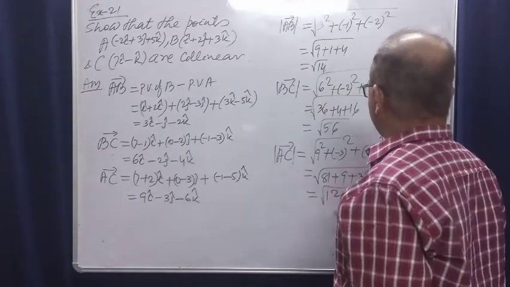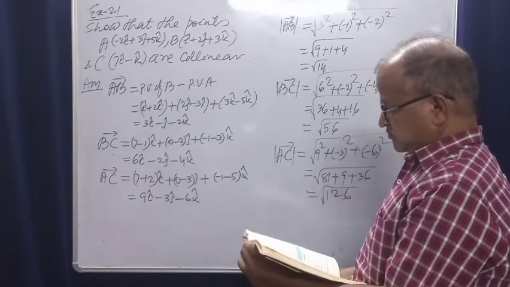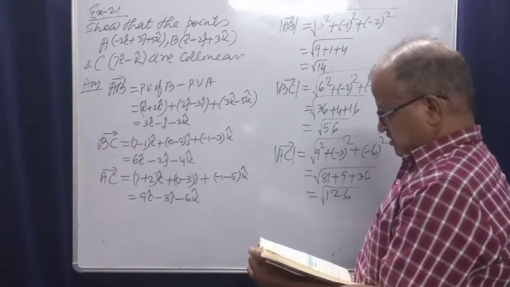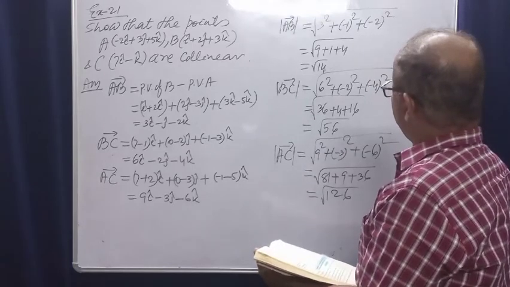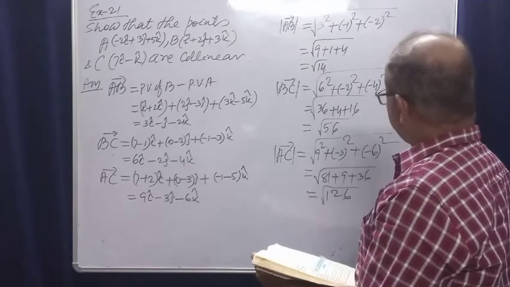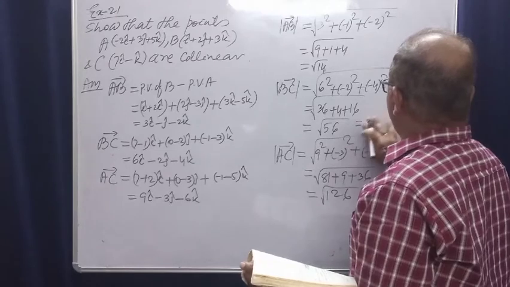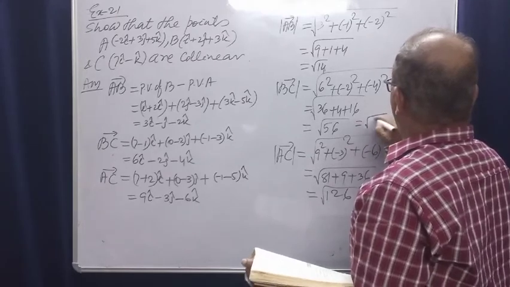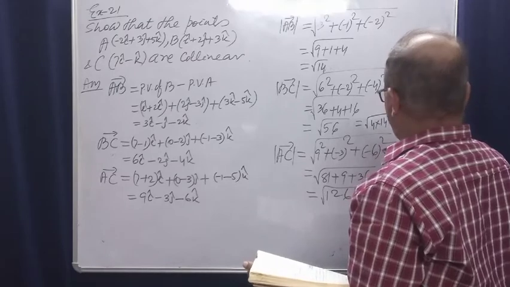Square root of 126, right? AB is square root of 14. BC is square root of 2 into 14, that is square root of 4 into 14, that is 2 into square root of 14.